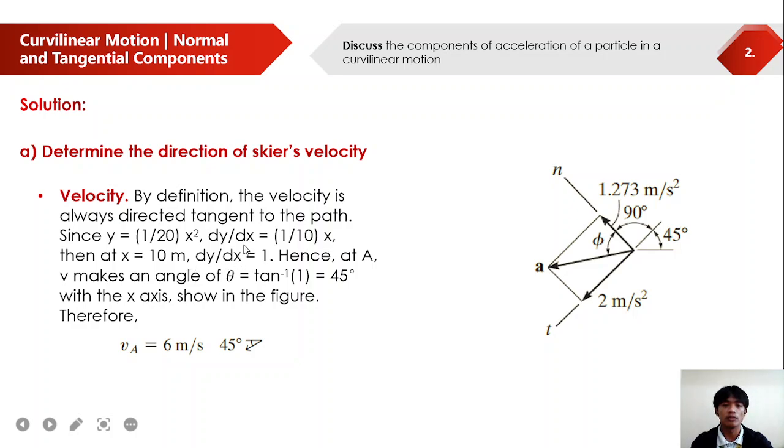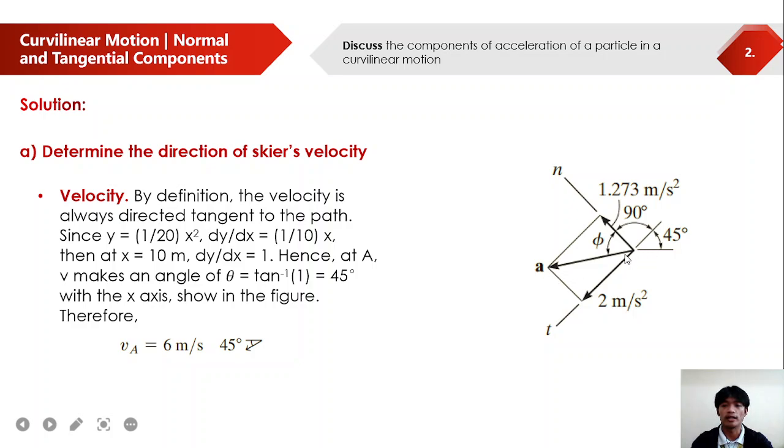So you have your dy over dx, which is 1. So this is the slope actually of the path or of the function. Therefore, if this is the slope, you just have to use the arctangent or inverse tangent of that slope. So you'll have your theta, which is equals to 45 degrees with the x-axis shown in the figure.